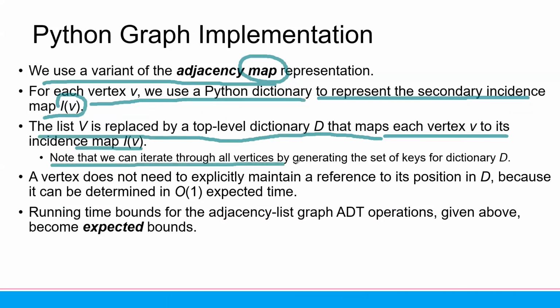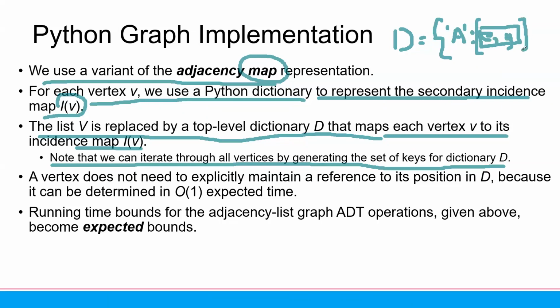Note that we can iterate through all vertices by generating the set of keys for dictionary D. Let's say I want to start from the index A. So A is the key, and the key A can be related to some other data structure. For example, if you are using the adjacency list, then it can be the names of the edges, for example E, G, and you can make a list.